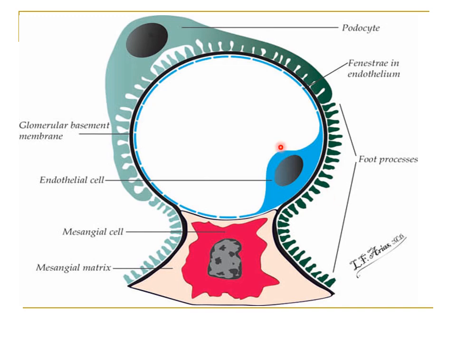Now this is a schematic diagram showing you the interrelationship of the podocytes, the capillary endothelium, and the mesangial cells.